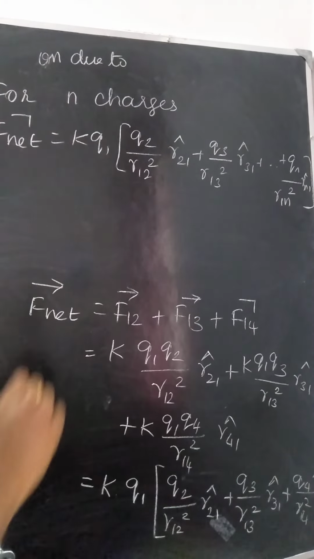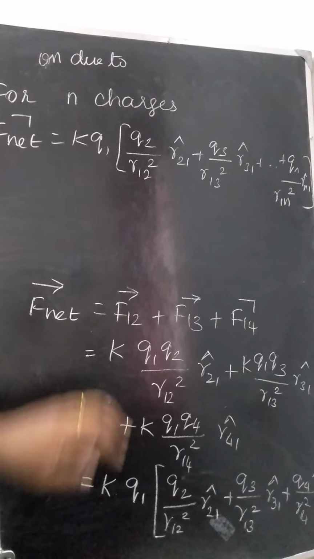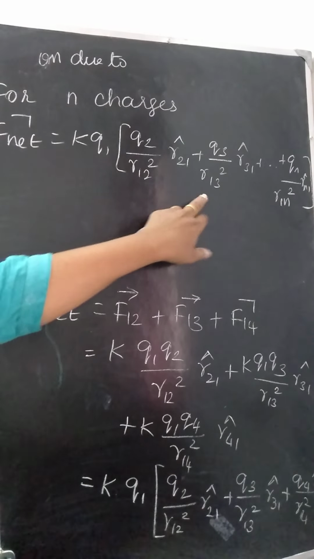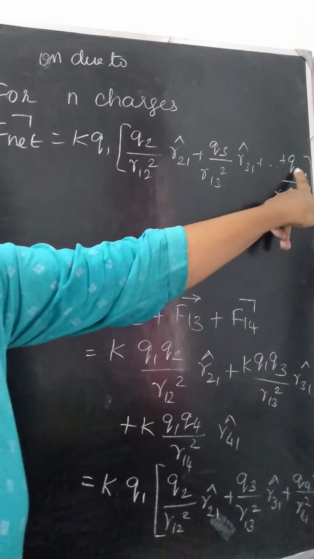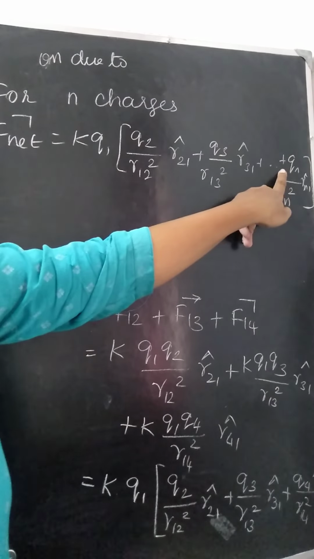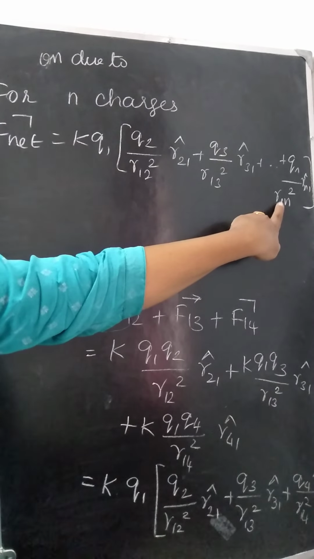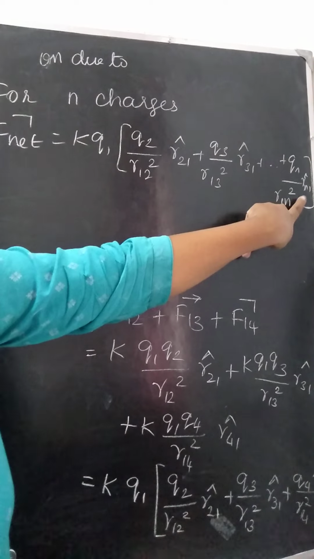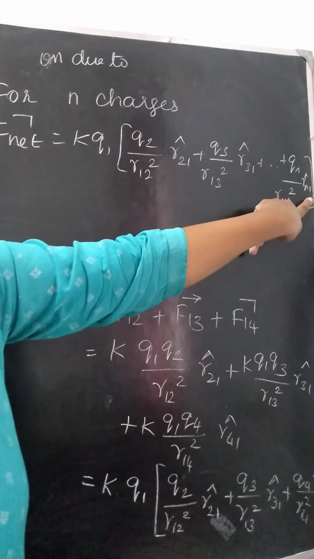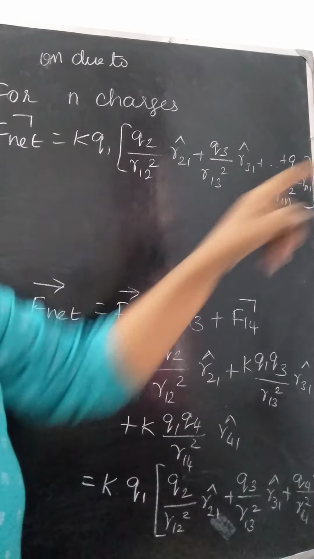Am I correct? Yes? So here 2, 3, 4, 5, 6 and it goes on up to which value? For n charges, up to n. So Qn divided by the distance between the 1st and the nth charge, R1n square, and the unit vector is Rn1 cap. Am I correct?